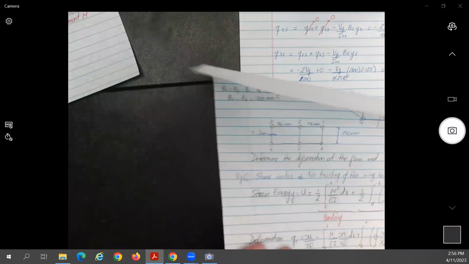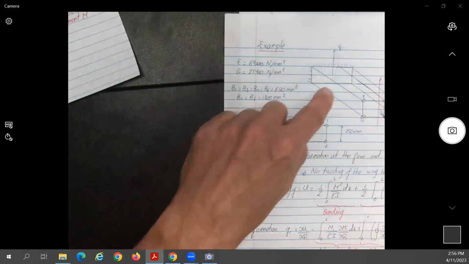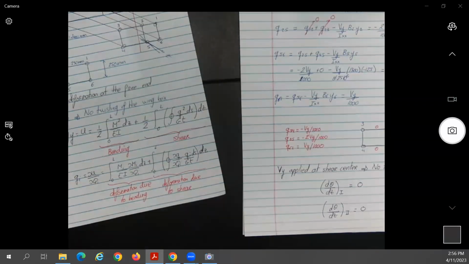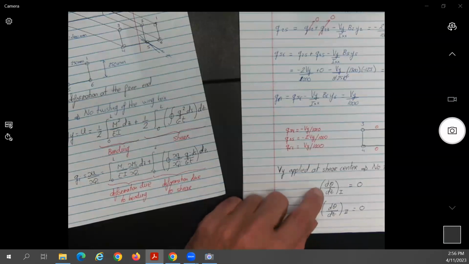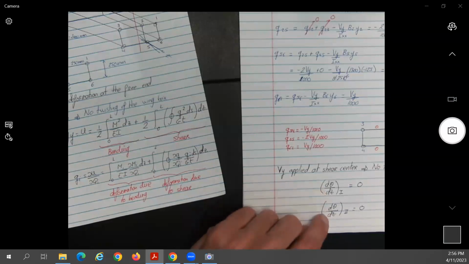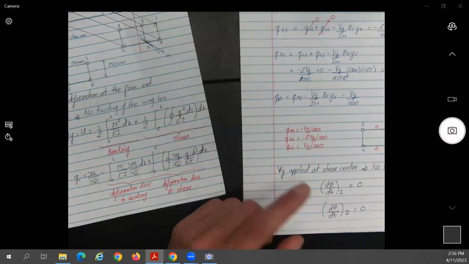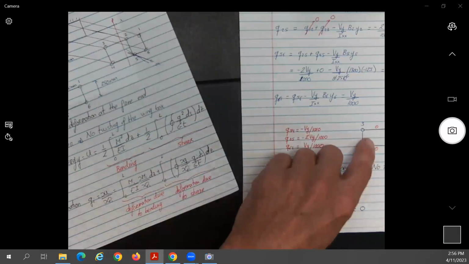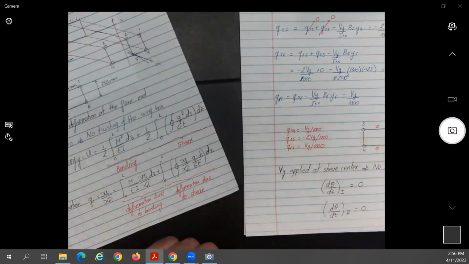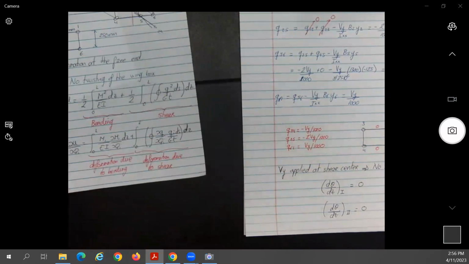If, for example, here on the page, I did not say that Vy was applied at the shear center. What would be the only difference? Okay, this will not be equal to 0. They will be equal to each other. Yes? Because you will say that this cell will be formed the same as this one, no? Okay? But the procedure will be absolutely identical, no? It doesn't change anything.